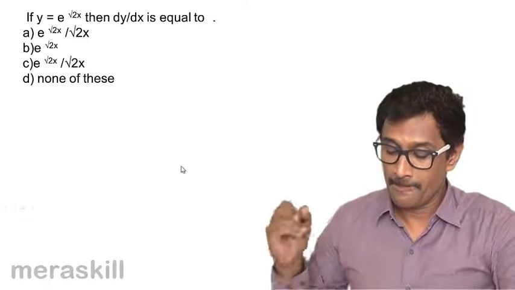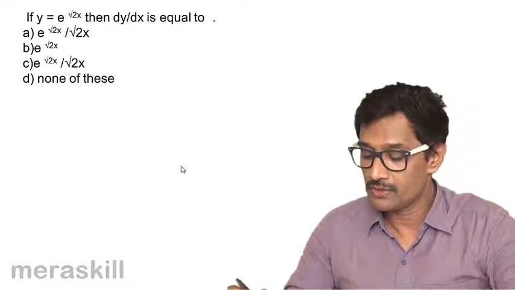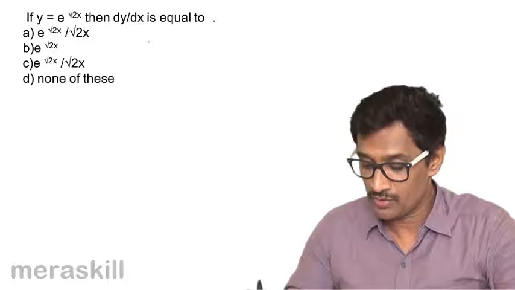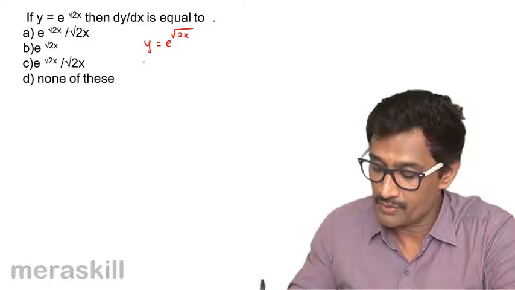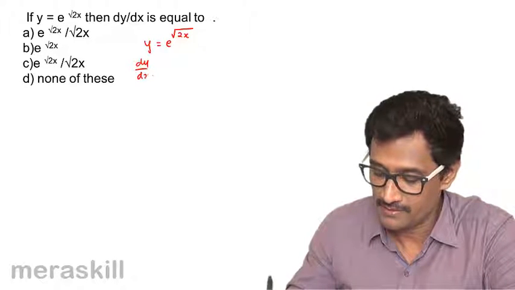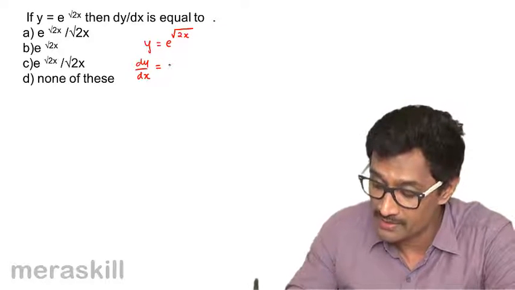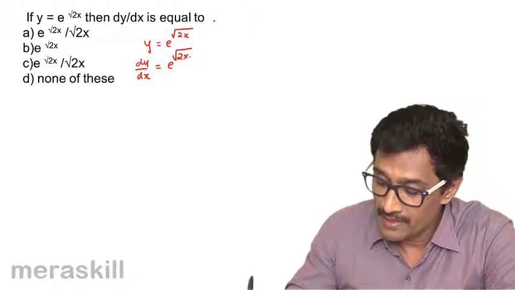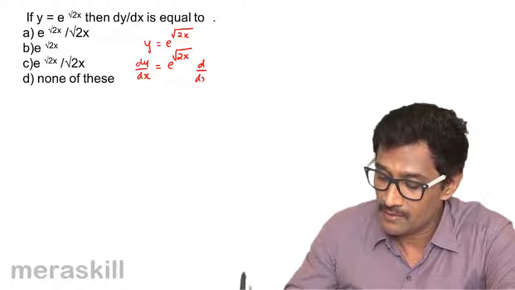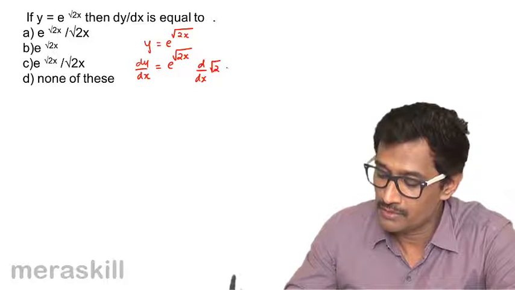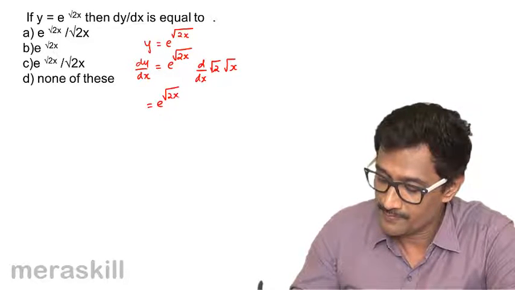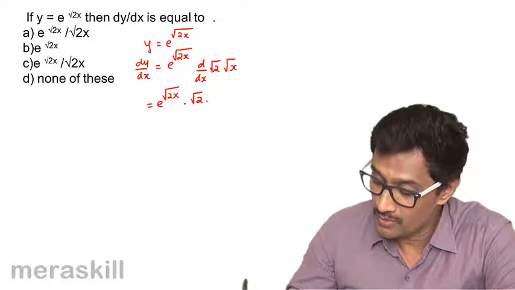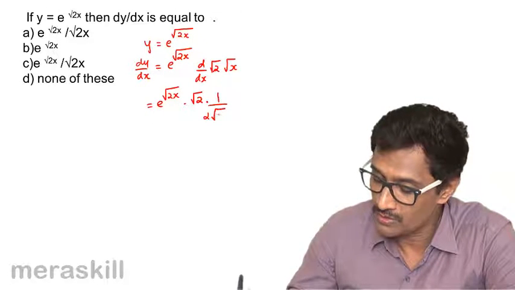All right. Now, here you have y is equal to e raised to root 2x. So what do we have here? So y is e raised to root 2x. So dy by dx is, as a composite function, e raised to a variable, it still remains root 2x, and then d by dx of root 2 into root x, which can be written as e raised to root 2x into root 2 into 1 upon 2 root x, which eventually would be 1 upon root 2x.